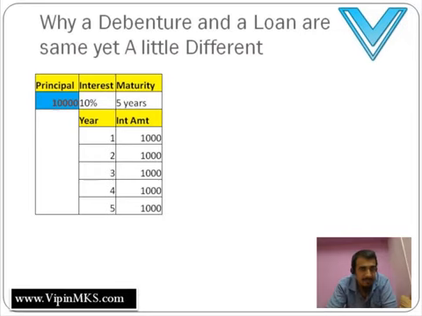The company repays the interest first, and then on the date of maturity, the principal amount is given back. This is how a debenture works. First the interest payment, and then the principal is returned.